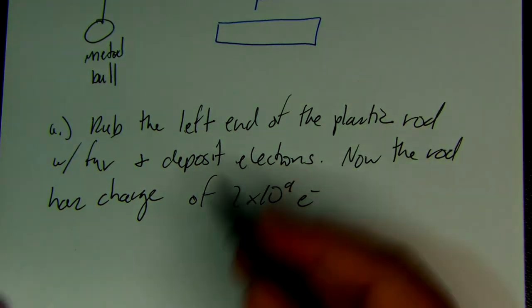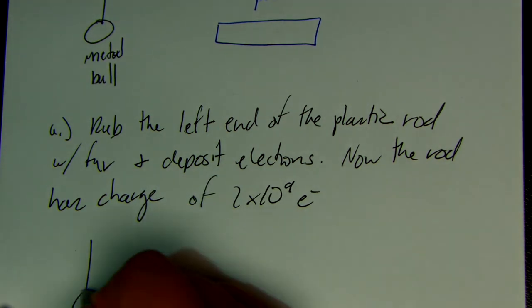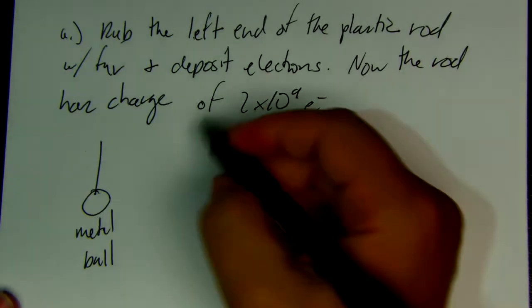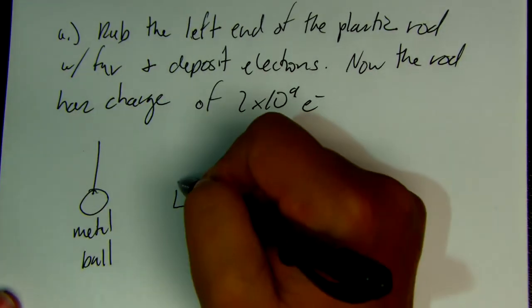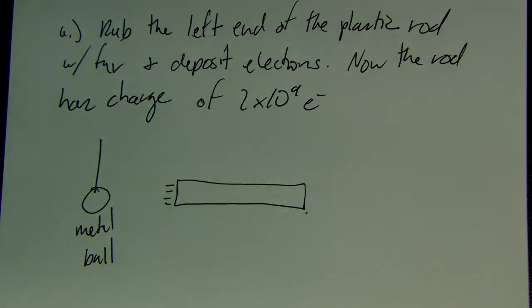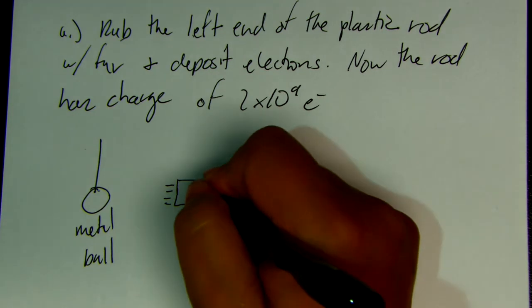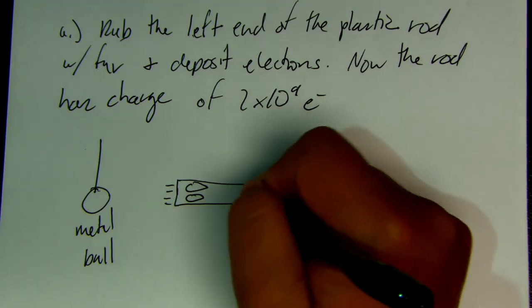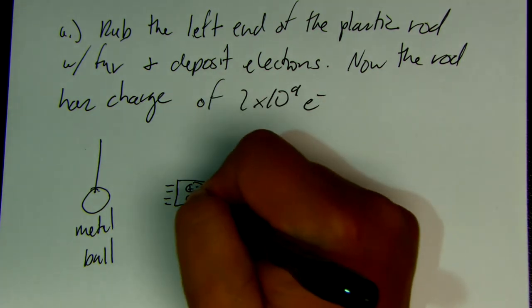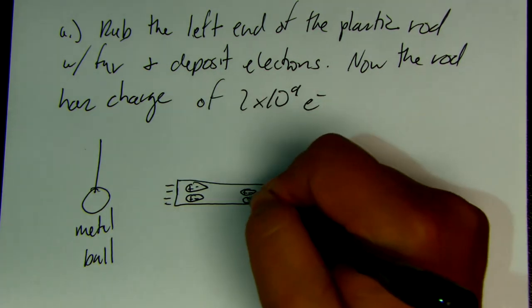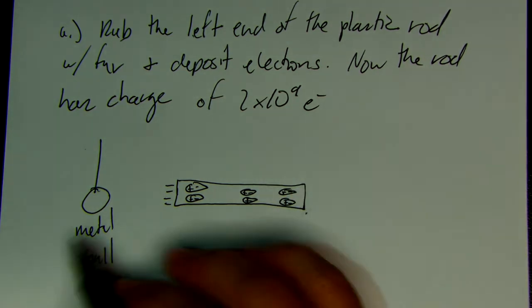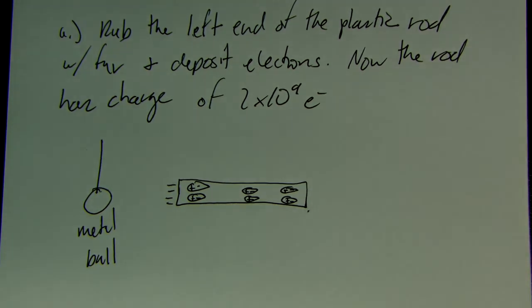Okay, so now if we go back to our drawing, we have our metal ball and our plastic rod, and we've deposited these electrons on one end. So what's going to happen is it's going to polarize the metal ball. The positive charge nucleus is going to go towards the negative end, and the negative electron cloud is going to want to get away from that negative end.